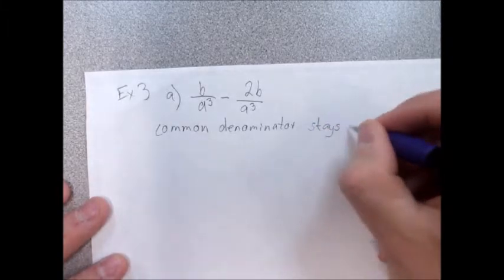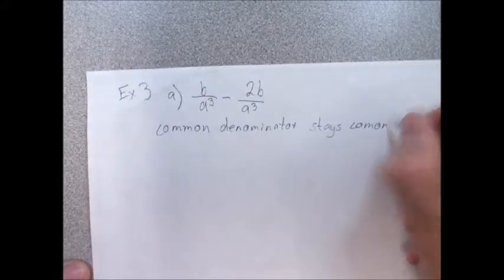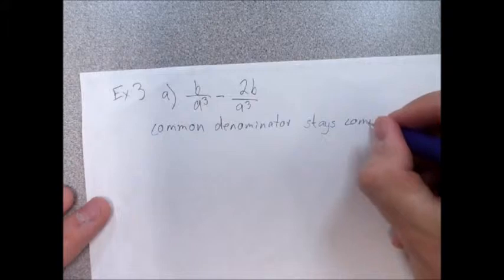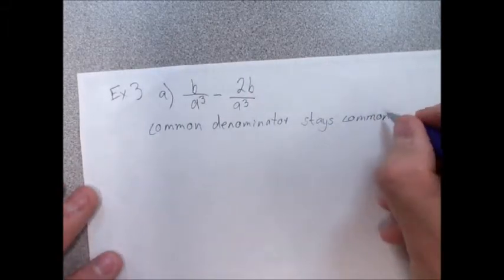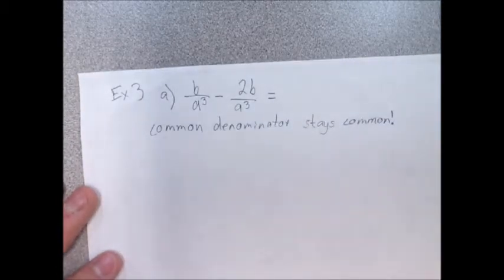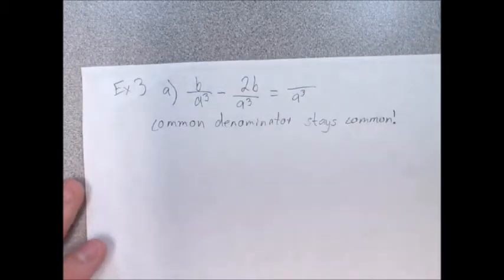Seems like no matter how many times I say this, somebody will not do it. So please, please, please, please write it down. Put a star next to it, boldface it, highlight it, whatever you got to do. So if the common denominator stays common, I can just write it back down. A to the third will be my denominator at the answer.